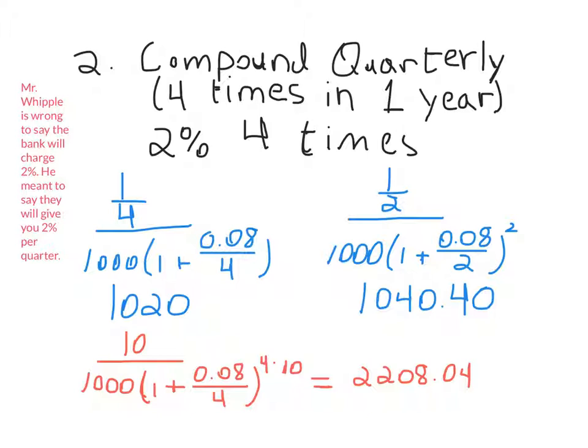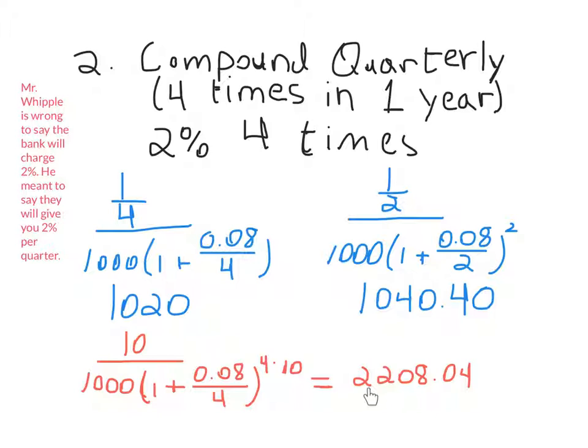Okay, so here it is for 10 years. We're still taking the 1,000 and multiplying by 1.02. That's what I have here. And then did you raise it to the 40th power? Because remember, we're doing it 4 times to get up to a full year, but then we have to do that 10 times. So we multiply our money by 1.02 40 times.